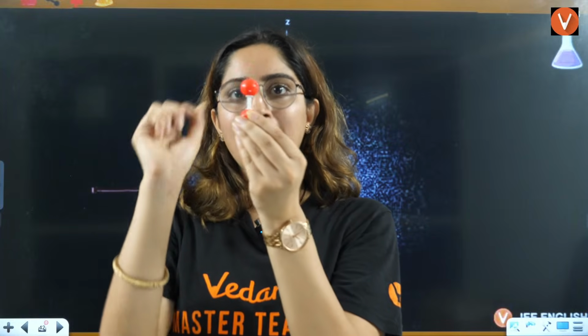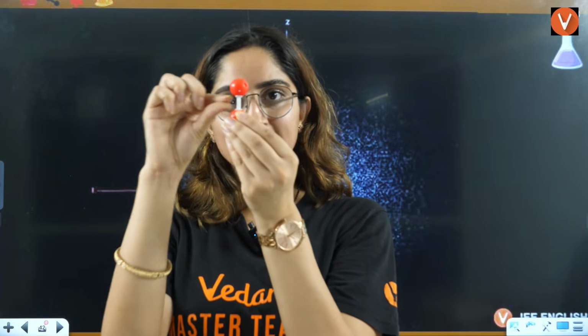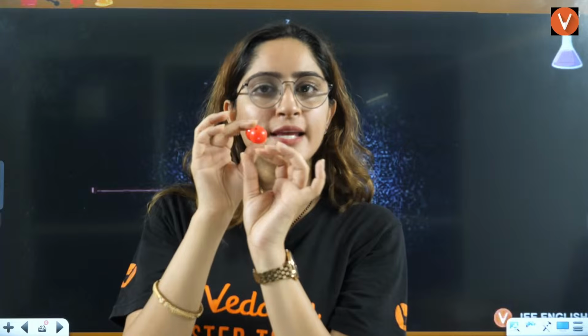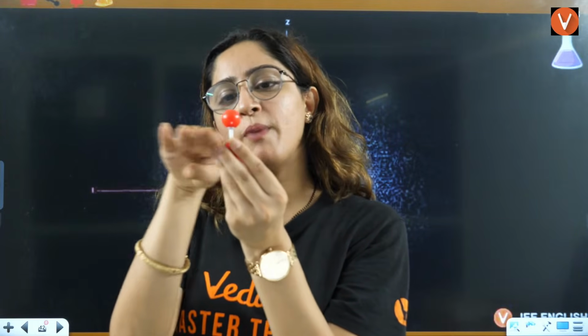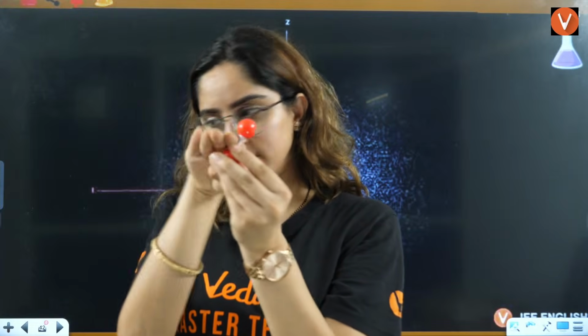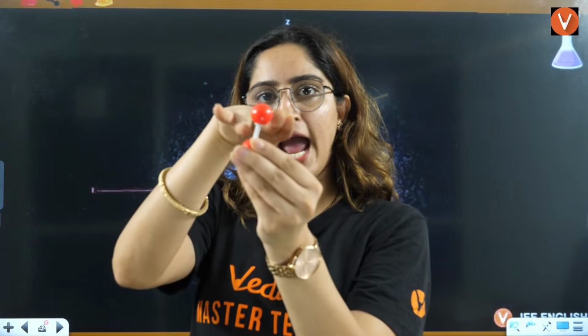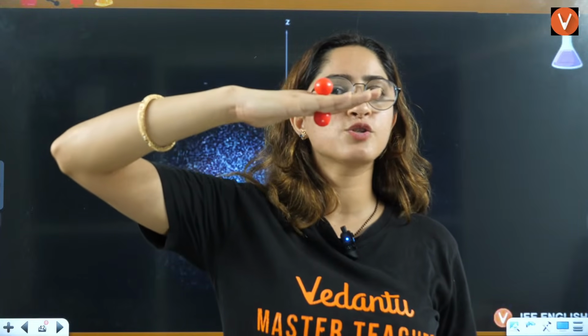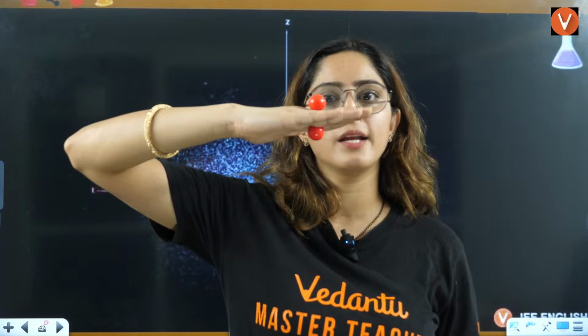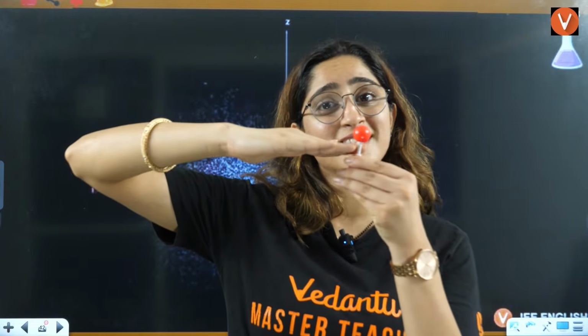This particular part has no electron. This red part is the electrons. Here you have electrons, here you have electrons. If I pass a plane through it, if I pass my hand through it, my hand does not have any electrons. That means this is the angular node.